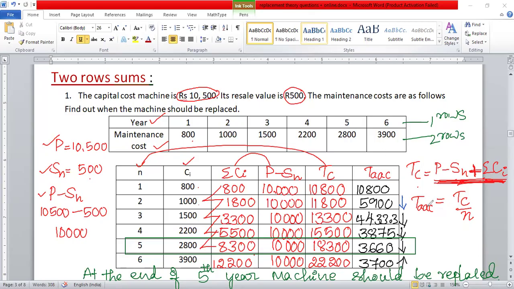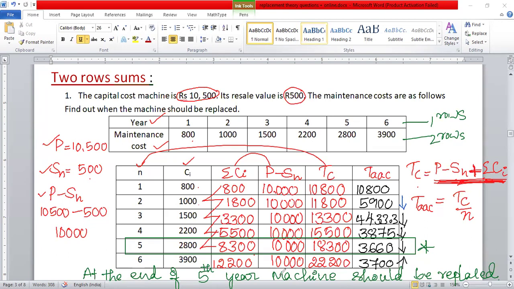After that the average annual cost formula is TC divided by N. Every TC is always divided by the number of years column. Finally in the last column, the annual average costs start decreasing, then immediately increase. Now finally we got 3,660 with respect to your fifth year. So at the end of fifth year, machine should be replaced.